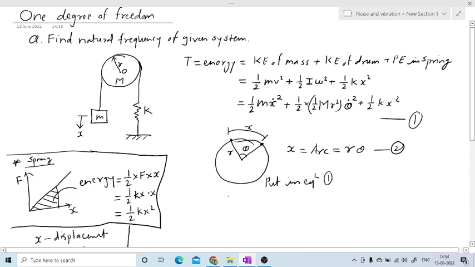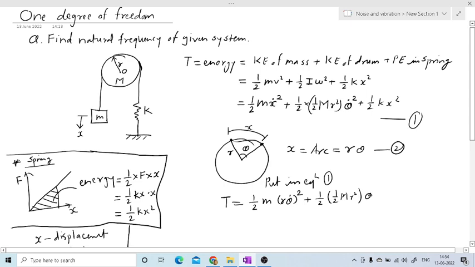So when I am going to put, then the total energy will be 1/2 m. Now write the value of x dot. See, x is r theta. So x dot will be r theta dot. So this is the value of x dot square plus 1 half into 1 half capital M r square into theta dot square.